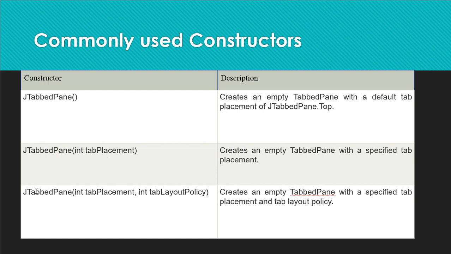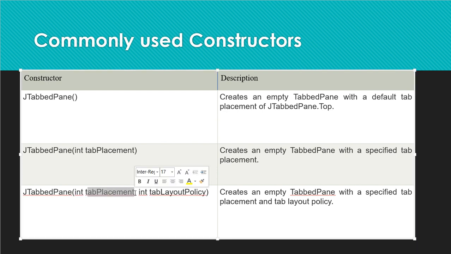Next, JTabbedPane with two parameters, int tabPlacement and int tabLayoutPolicy, which is used to specify the placement and layout policy of the tabs.